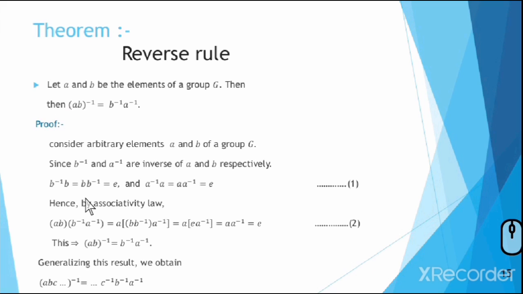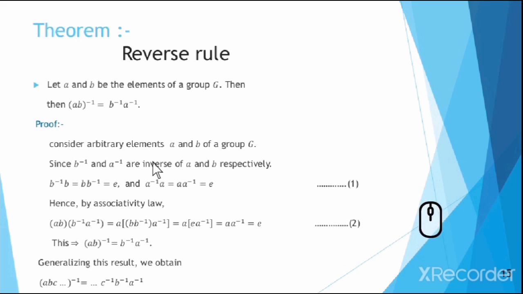Now the reverse rule. It is a very important rule. It's very important to discuss the inverse of the product of two elements, right? If you take two elements, take their product, where product means the operation of the group, and then take the inverse, this inverse is B inverse A inverse.